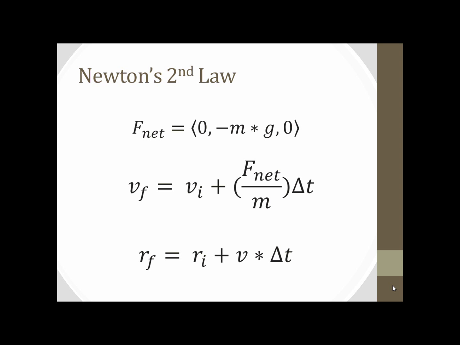When modeling the object in free fall, I used the fundamental principle, Newton's second law. For this equation, I took the net force on the object to only be the gravitational force. I also took the object's mass to be the same as the mass of the slinky.